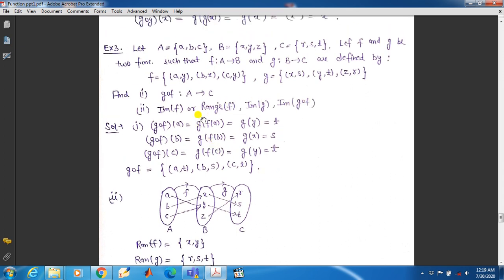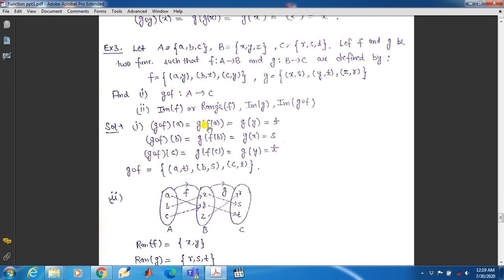So for the first part, what you have to find is gof. First you have to calculate that one, for all values of capital A. Capital A is a, b, c. So gof of a, gof of b and gof of c.